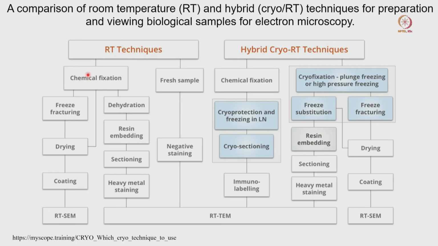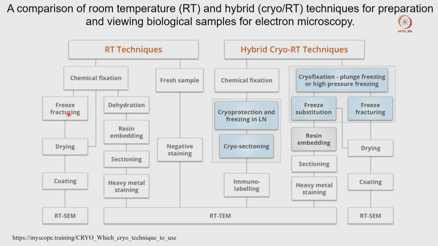Chemical fixation means the sample will be dehydrated, then we have to make an epoxy resin block, that is resin embedded, and then we have to perform the sectioning. When we perform the sectioning, we are going to use a cryo ultramicrotome or a normal room temperature microtome. Then sometimes we have to do heavy metal staining to isolate different organelles and the cell membrane, and then we can perform room temperature TEM. On the other side, we can just do the freeze fracturing.